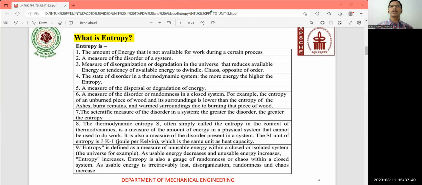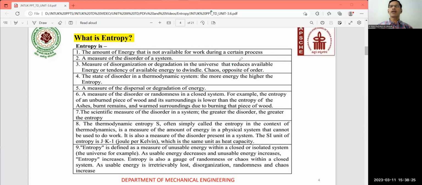The amount of energy that is not available for work during a certain process is entropy.